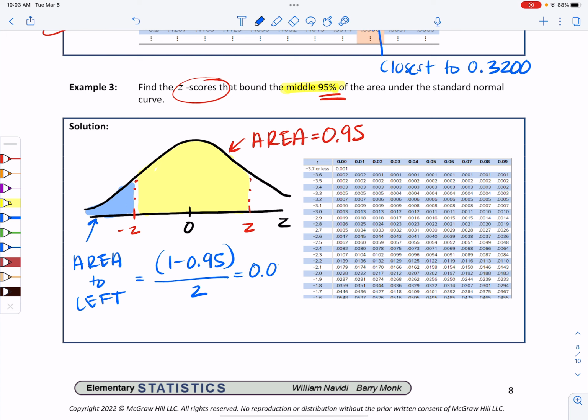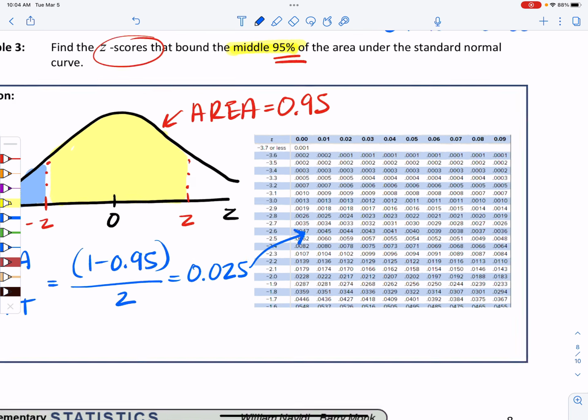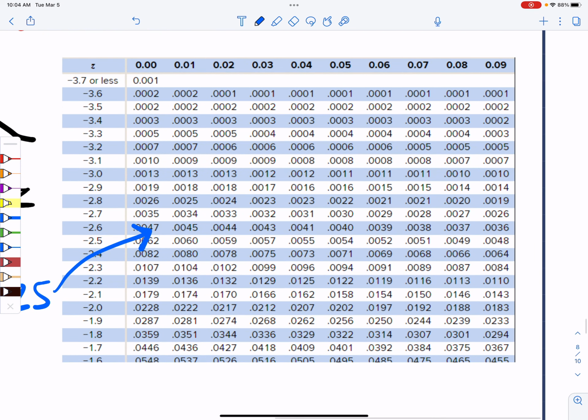All right, if I do that here, I'm given an area left of 0.025. And that's what I need to look for inside my normal distribution table. All right, so area left is 0.025. I'm going to get as close as I can.